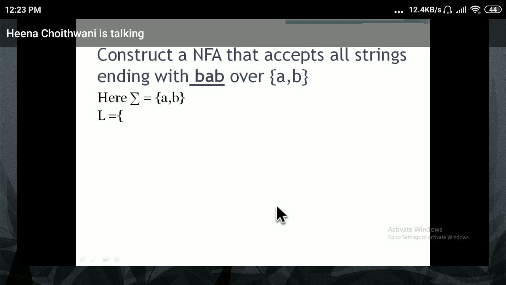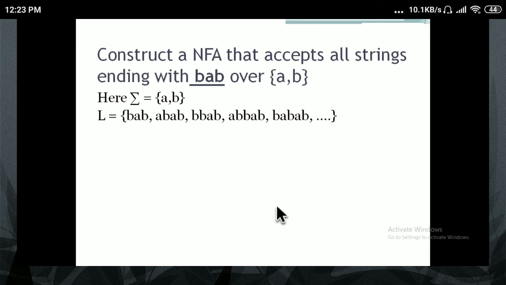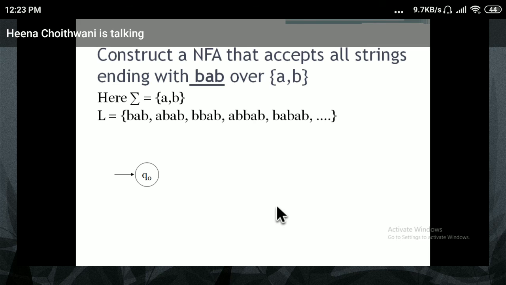Okay, let's proceed. The another one is PAB. So the language is this. Nivedita has answered only. And we are starting with the initial state and we'll try to accept the smallest string that is BAB.